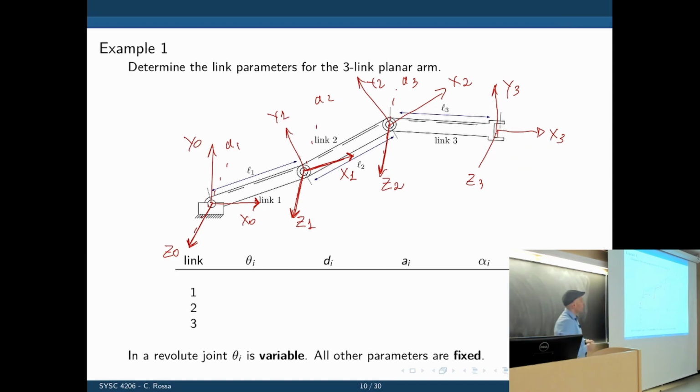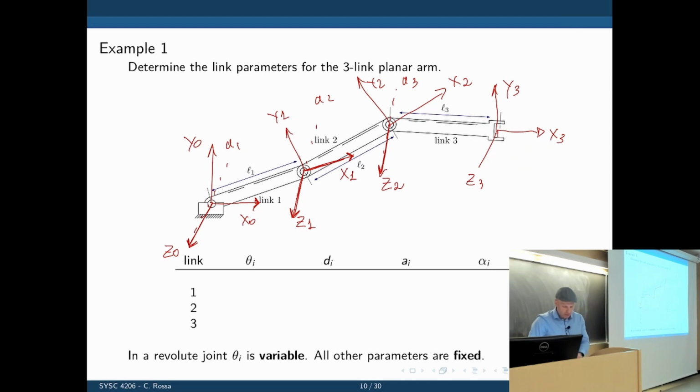Are we good with the frame assignment? All right. So we now have to define all translations and rotations. This is a planar manipulator, so we can first think about defining how the X-axes are rotated about Z. That's our theta.